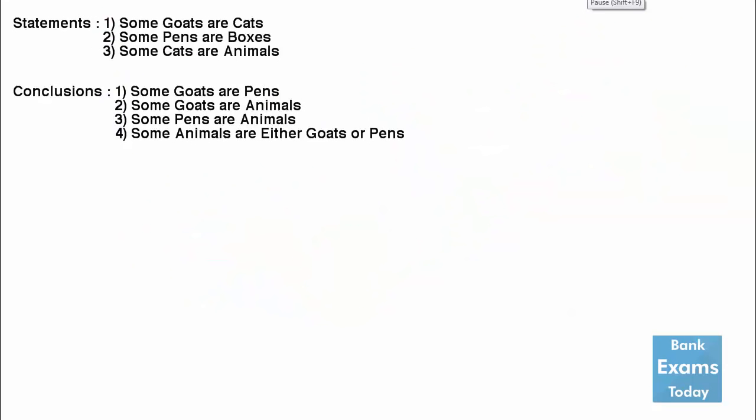Let's do another question. Some goats are cats. Some pens are boxes. And some cats are animals. Then there are four conclusions. So let's draw the diagram for these three statements. So first of all, some of the goats.